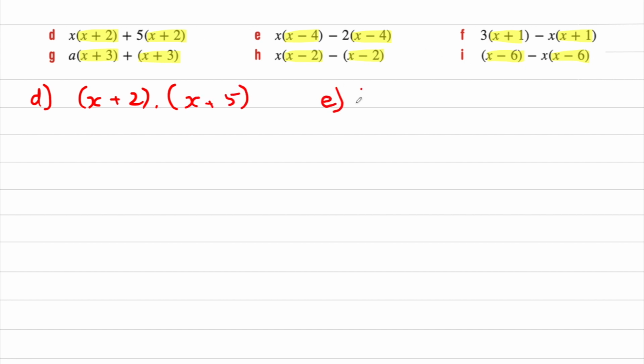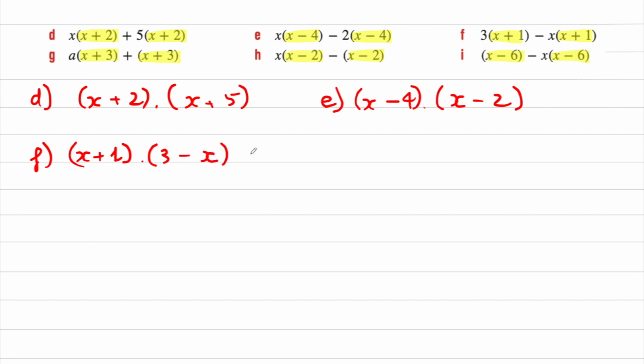Question E, you got h minus 4 as the first bracket and h minus 2 as the second one. Question F, you got h plus 1 and the second is 3 minus h. Question G, you got h plus 3 and then a plus 1 for here, because for the second bracket you got only one bracket, which means that bracket multiplied by 1.